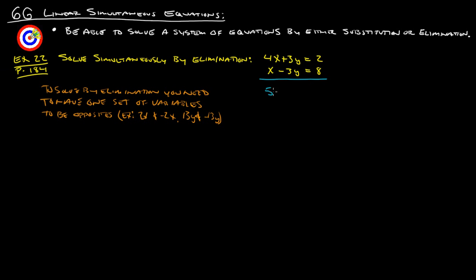So you go 4x plus x gives us 5x. And here's the key. 3y minus 3y gives you 0y, so those cancel out, and that's the whole point of elimination. And then you go 2 plus 8 gives us 10, because again, now look, we only have one variable, so now we can solve for that variable. Divide both sides by 5, and we get x equals 2.